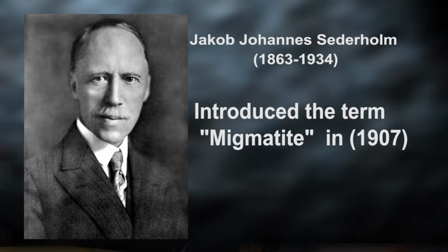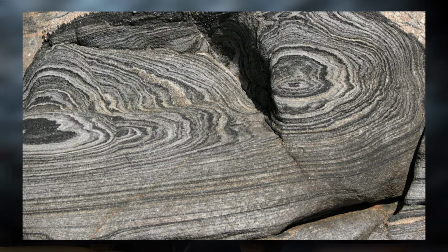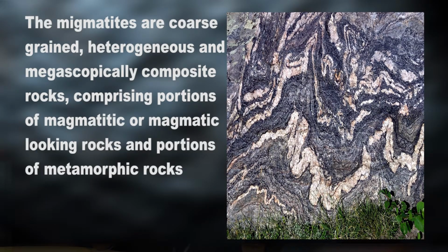The term migmatites was introduced by Sederholm in 1907. The migmatites are coarse-grained, heterogeneous, and megascopically composite rocks comprising a portion of magmatic-looking rocks and a portion of metamorphic rocks.